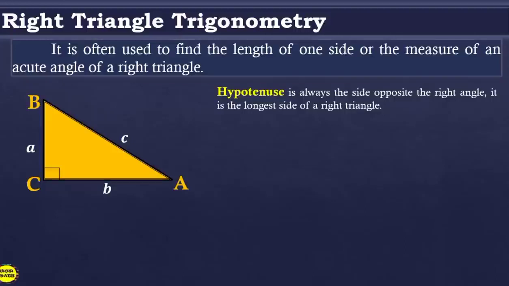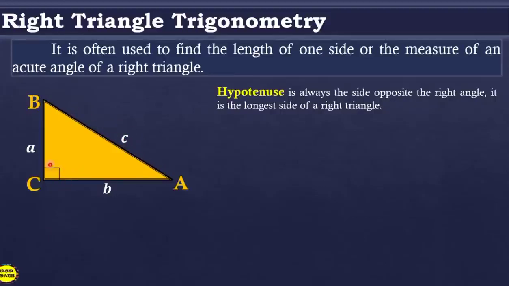So here, the hypotenuse is always the side opposite the right angle. It is also considered the longest side of a right triangle. So in the given figure, your hypotenuse here is c. Okay, so this is your hypotenuse. This is always opposite your right angle.